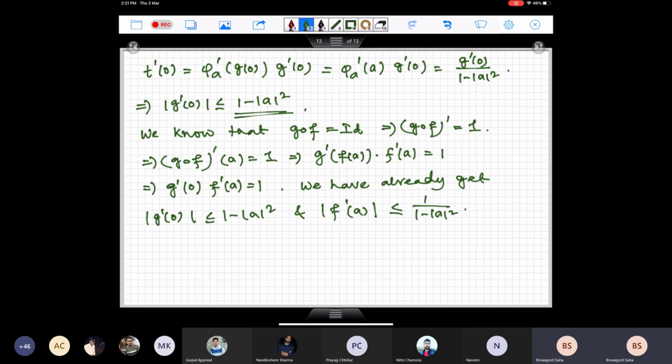Now you tell me, is it possible to have strict inequality over here? Can I get that? Not strict possible, right? Strict is not possible, because if it is strict, then when I multiply these two, I'm going to get that.